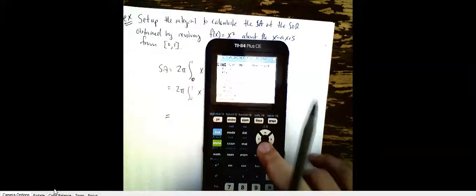If you go to Math, hit Math, and then go down to the 9th option. The 9th option is fnInt. And it should give you a nice integral like that. Sorry about the visibility.